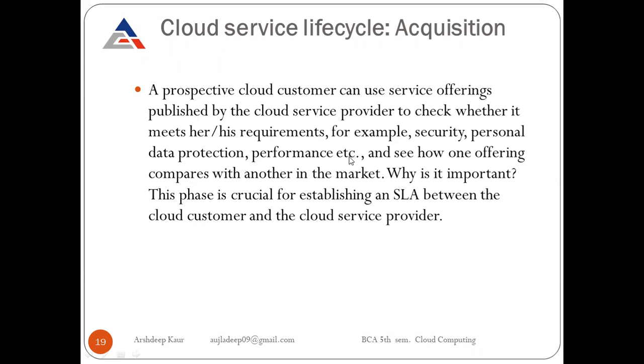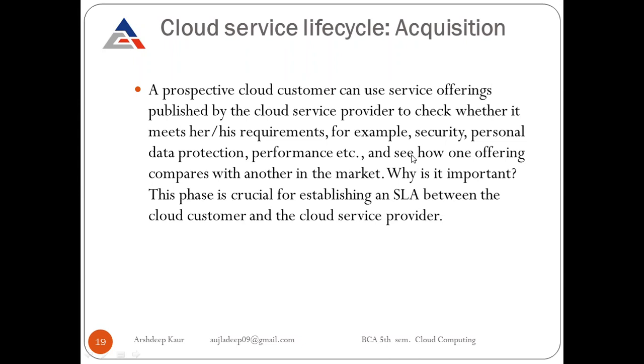Then I will see the level of the infrastructure as a service of Microsoft Azure, and then I will compare both services. One is of Google and second is of Microsoft Azure. Then I will select which one is best. Which company's services are meeting my requirement. So I have to choose according to this.